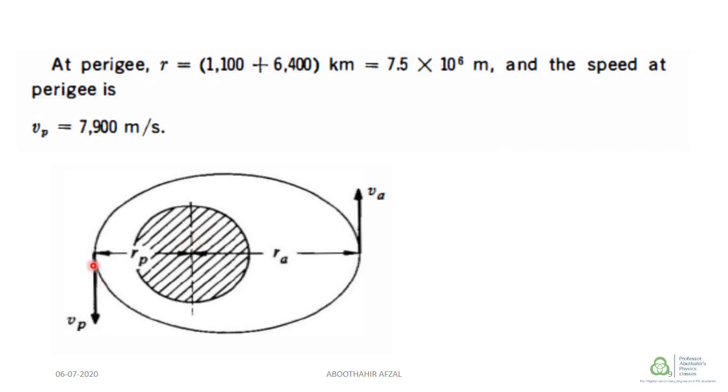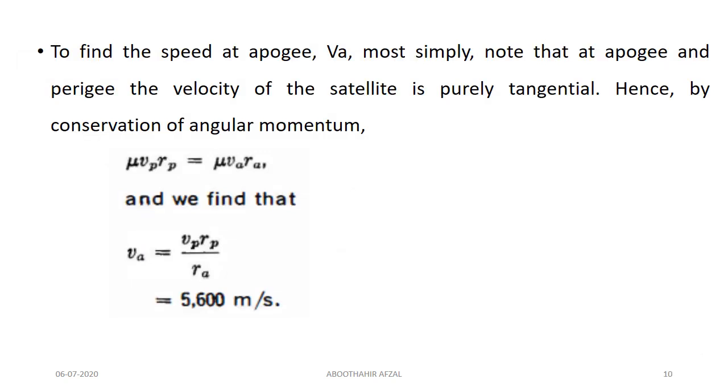You can see here, at this point you have to add the radius plus this distance, so that will be the r at this point, and the velocity at the perigee point is found to be 7900 meters per second. Now to find the speed at apogee, Va: the velocity at apogee and perigee is purely tangential.